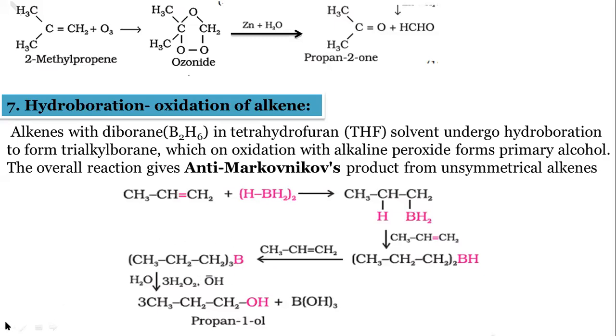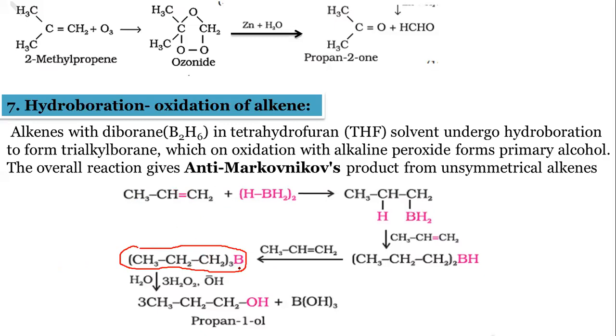I will show with the help of this dot pen. This is a trialkyl borane because you can clearly see three alkyl groups. Any alkyl group can be there, depending on which alkene is used, and this is borane.